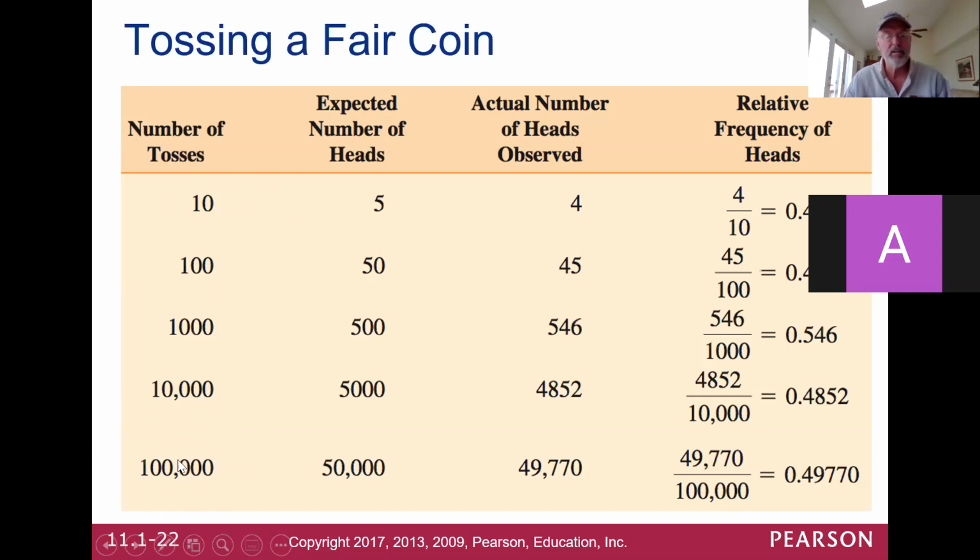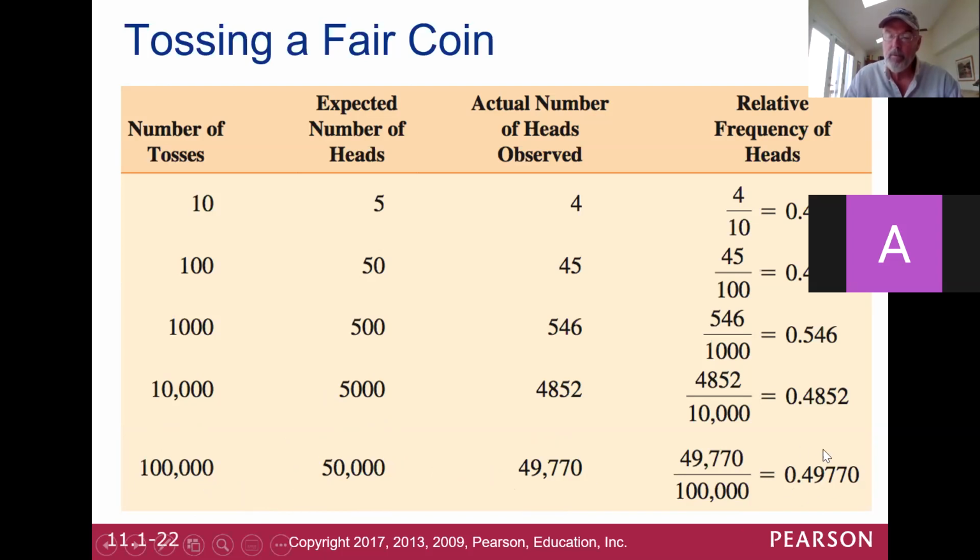For 100,000, the expected heads would be 50,000, and in our experiment we actually got 49,770.